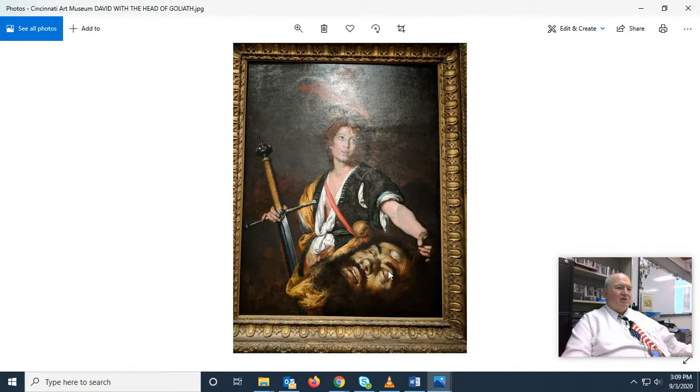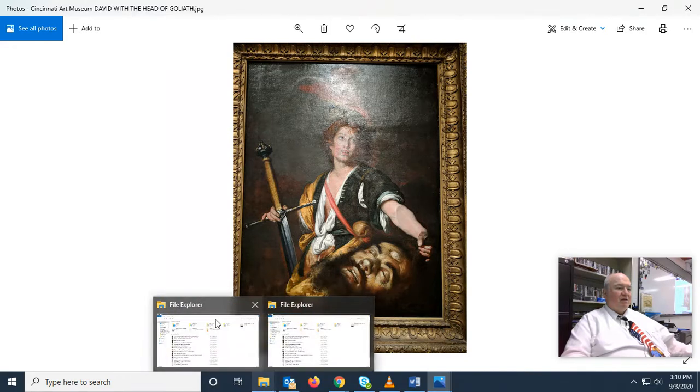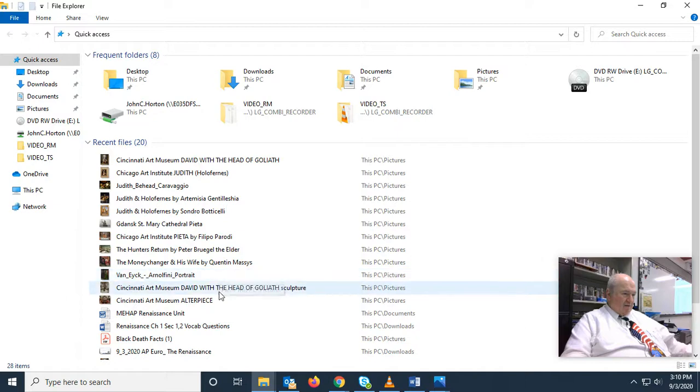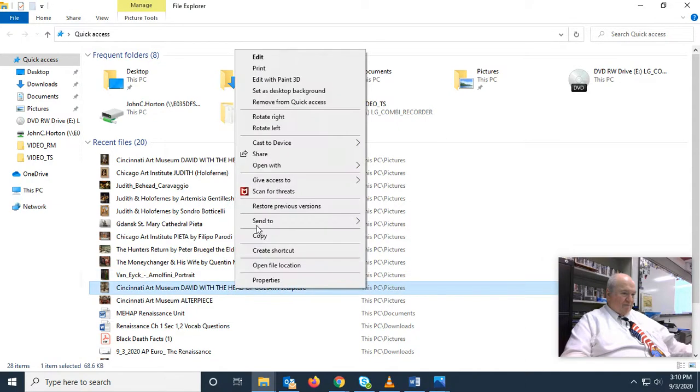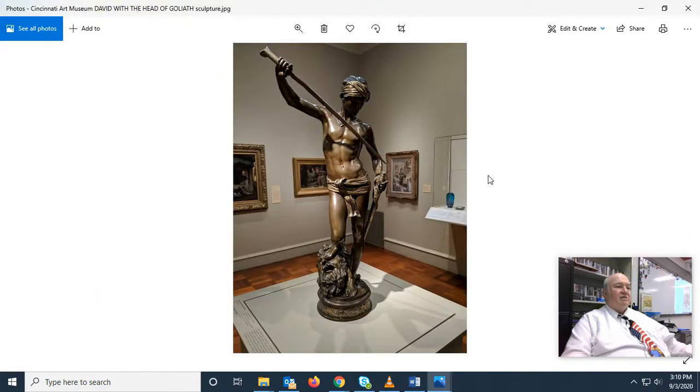This, of course, is the head of Goliath with the rock still in his head. And then one more that I also saw at the Art Museum of Cincinnati. Here is another depiction of David. See the head there. David has the long sword he's putting into a sheath.